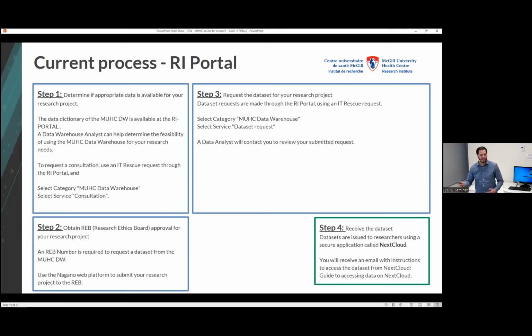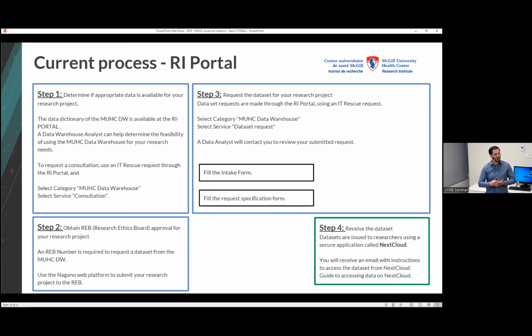The analyst is going to contact you and show the researcher how to fill an intake form to describe what variables they want. The intake form is more about the research project itself, and the specification form is going to describe all the variables that are being requested.